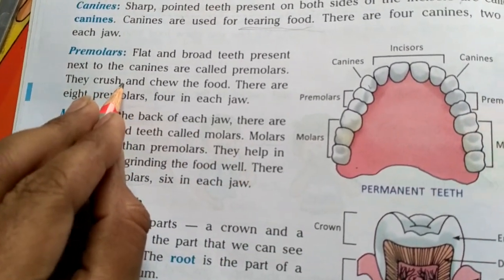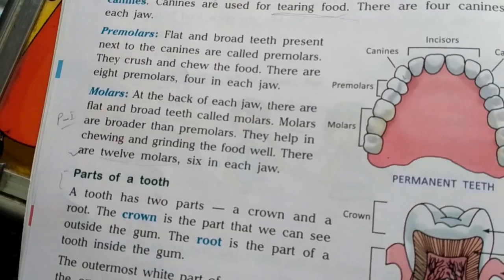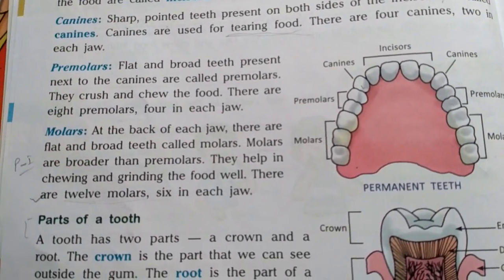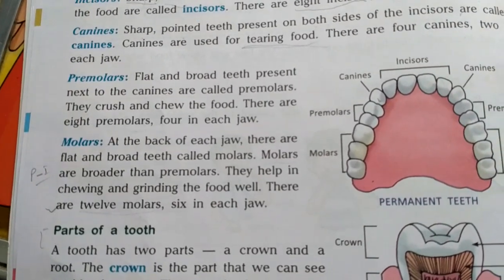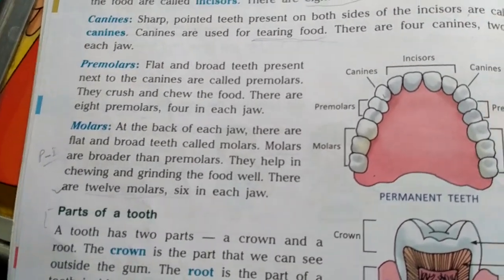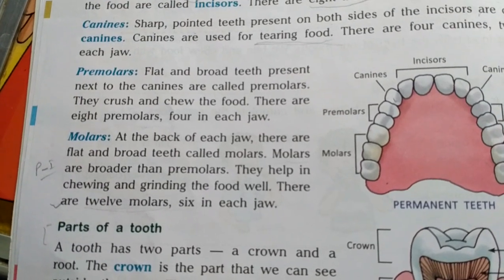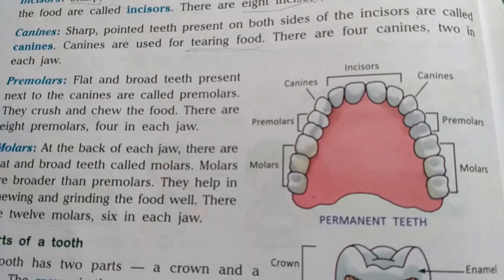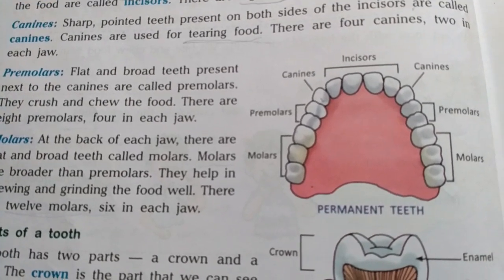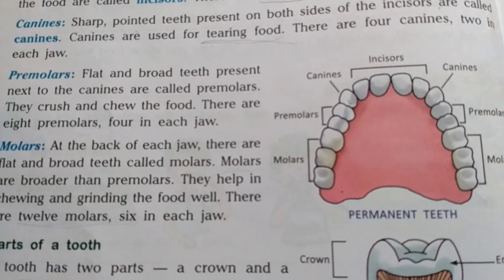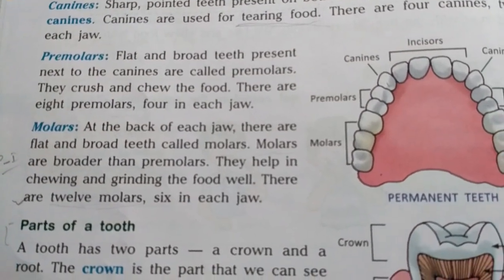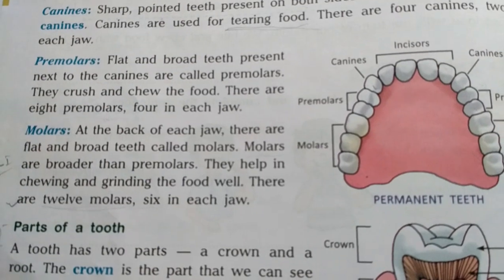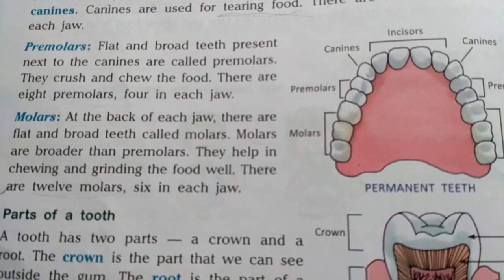Premolars also helped in chewing and grinding, and molars help in chewing and grinding the food even more properly, so that the food can be easily swallowed, from the neck through the food pipe into our stomach. So again, at the back of each jaw, there are flat and broad teeth called molars.